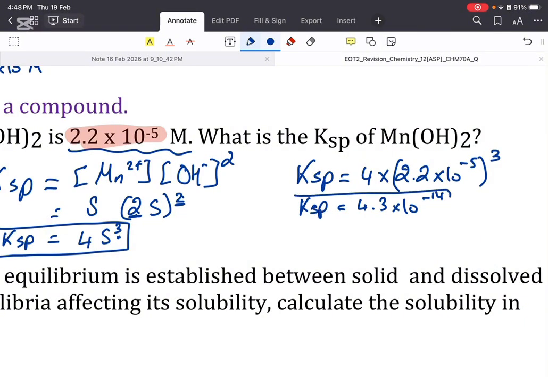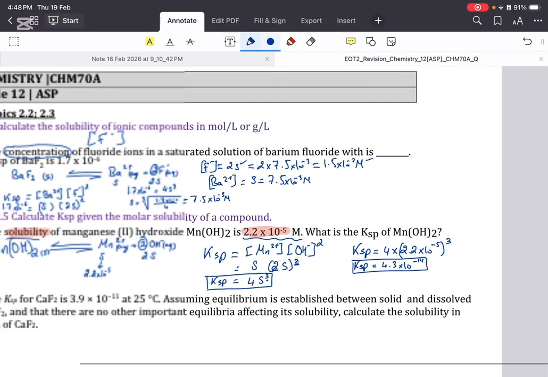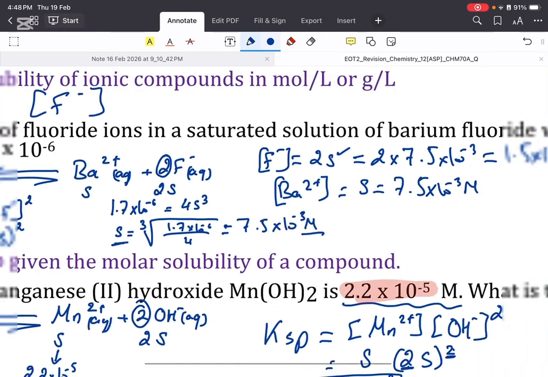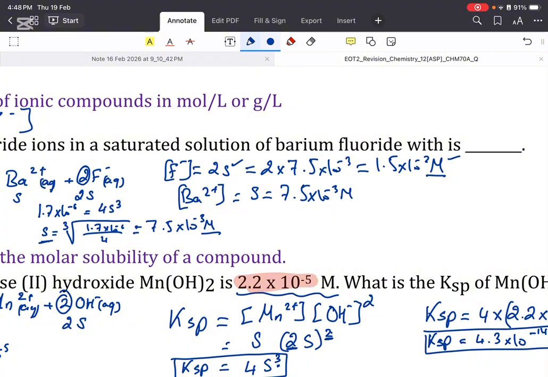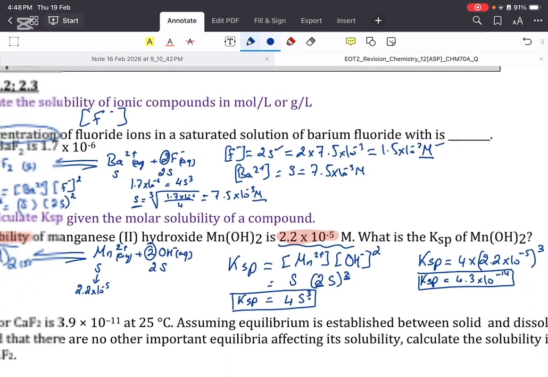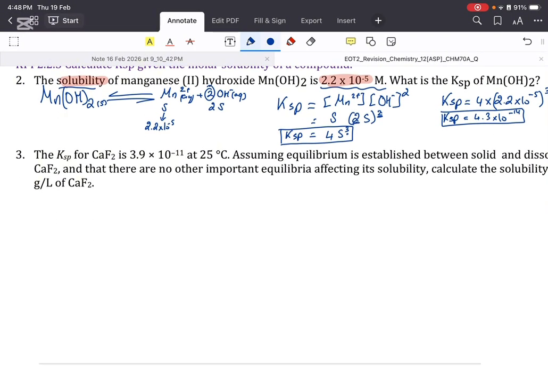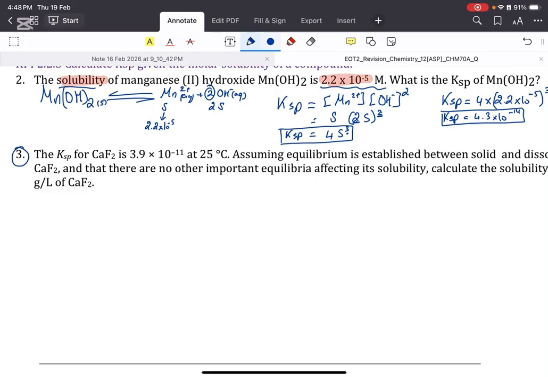KSP comes without a unit, but solubility S has a unit of molar and concentration has a unit of molar. Now sometimes, like in the question over here, they might ask you to find solubility, and they want the solubility not in molar, not in mole per liter, they want it in gram per liter. Let's do this next question.